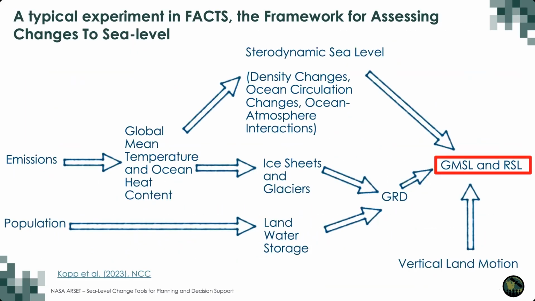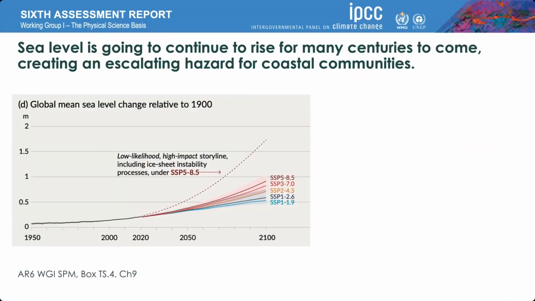And finally, I want to talk about integrated global mean sea level and relative sea level projections, the output of FACTS experiments. And here I'm going to switch over to the IPCC logos because this is all results representing what we said in the IPCC 6th assessment report. So we know that sea level is going to continue to rise for many centuries to come, creating an escalating hazard for coastal communities.